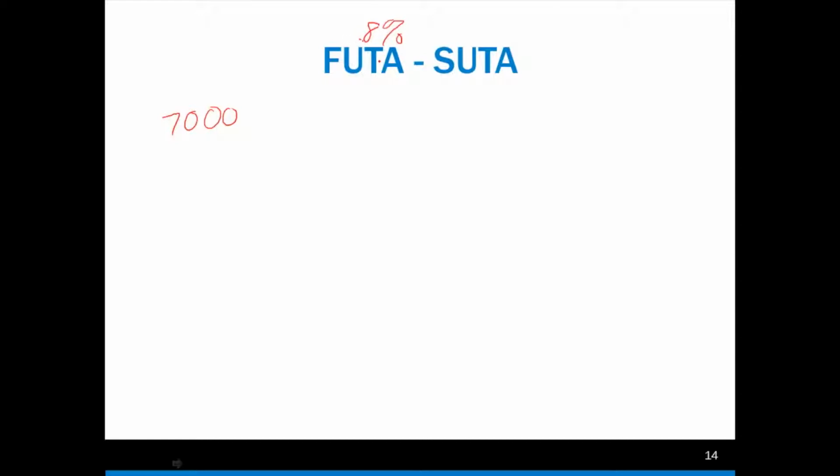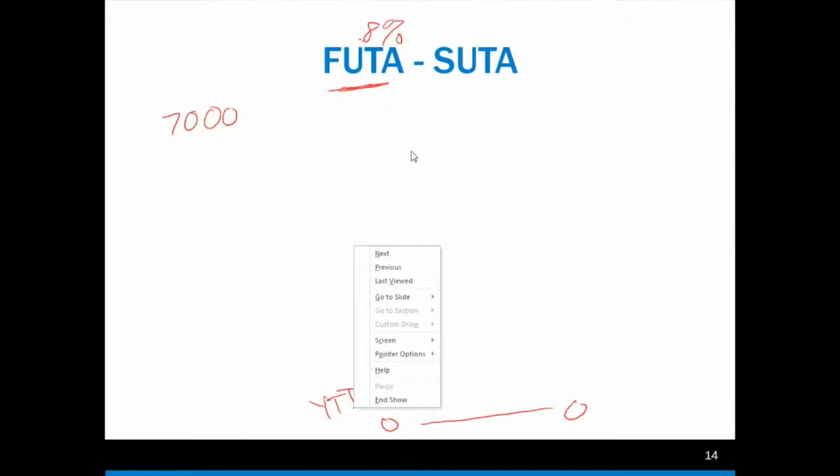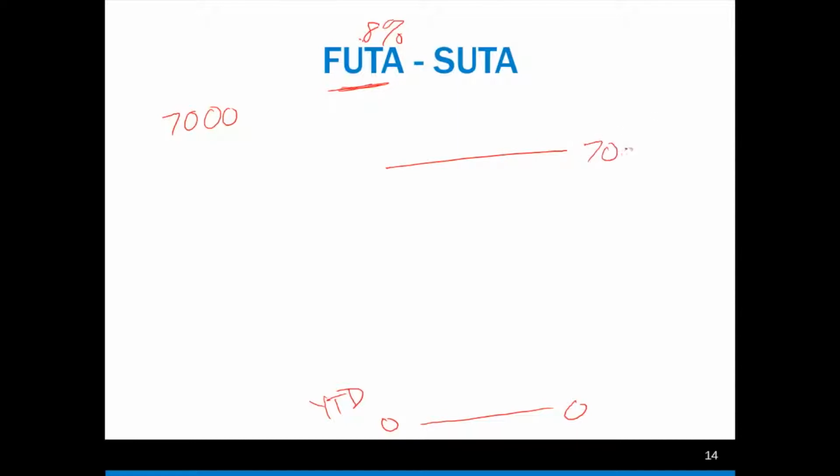But FUTA and SUTA work the same, so let's give that same idea, but using FUTA. So we would start out at the beginning of the year at 0 for gross year to date. Here's our $7,000 limit.